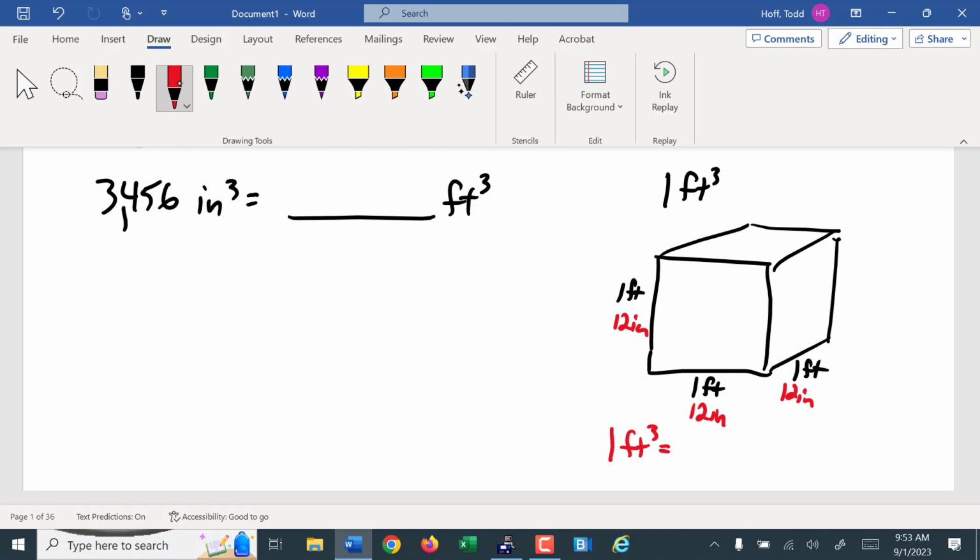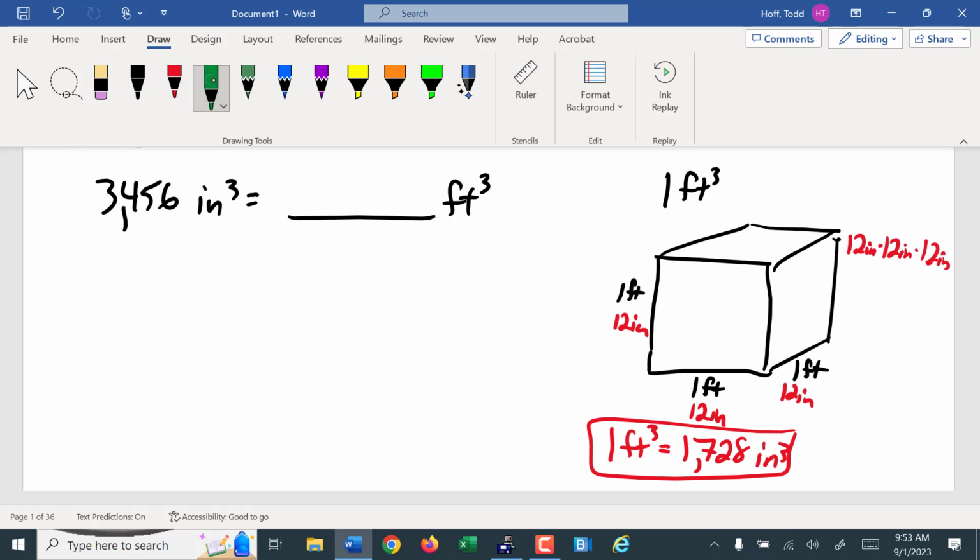So that 1 cubic foot, 12 inches times 12 inches times 12 inches is, you got it, 1,728 cubic inches.